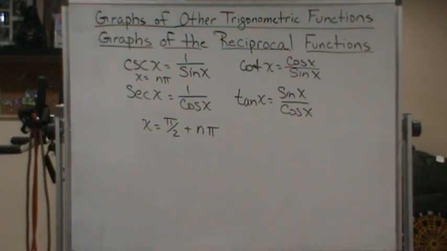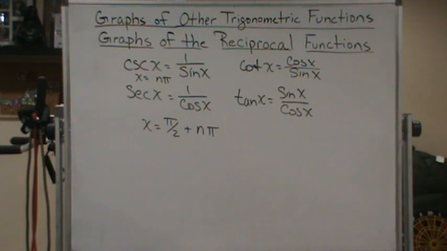Well, the period of both of these is going to be 2 pi, which is different than tangent and cotangent.